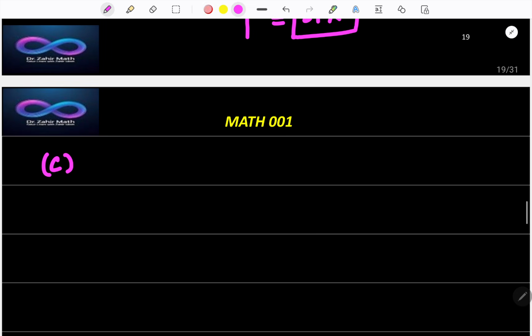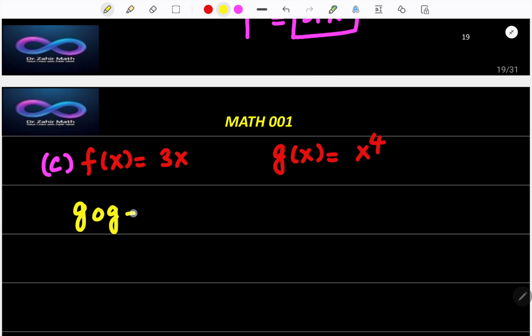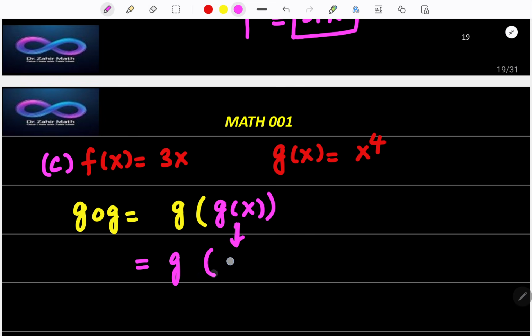What's your C question? Your f of x is equal to 3x, and your g of x is equal to x power 4. Now what is your question? The question is g composite g, which is g bracket open g of x. So what is your g of x? Which is x power 4. Clear? Right.